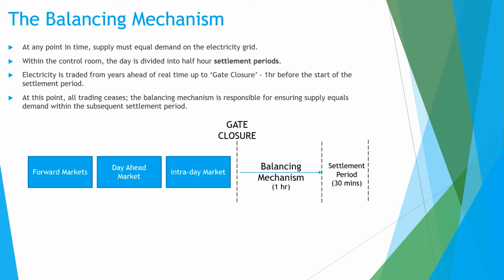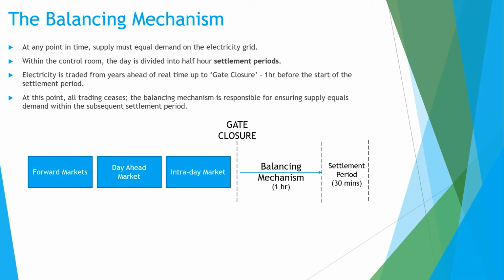So, the balancing mechanism, what is it? It's a vital part of operating the grid because at any point in time, supply must equal demand on the electricity grid. And so, within the control room, they divide the day into half-hour settlement periods, and electricity is traded from years ahead of real time through forward markets to intraday markets, right up until gate closure.